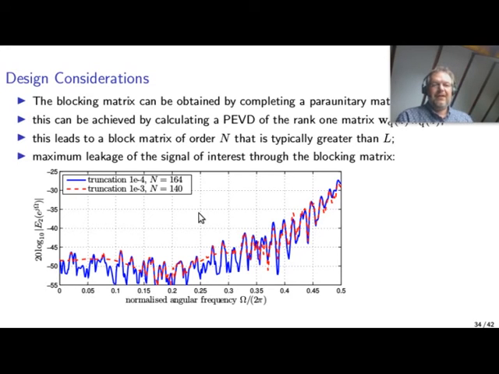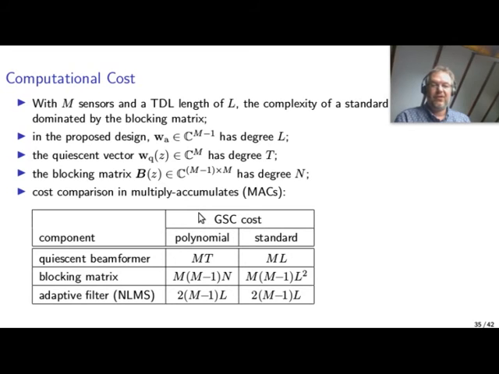The fact that it's not perfect is because we have a polynomial approximation again towards half the sampling rate. The performance starts to break down a bit more. But in general, this will be sufficient here. If it wasn't sufficient, the generalized sidelobe canceller tends to cancel the signal as well as the interference. So that is a concern.